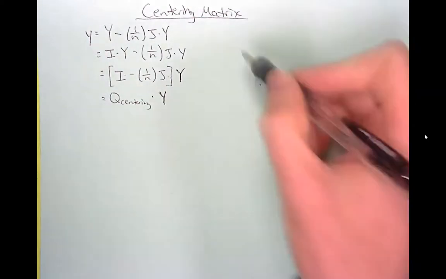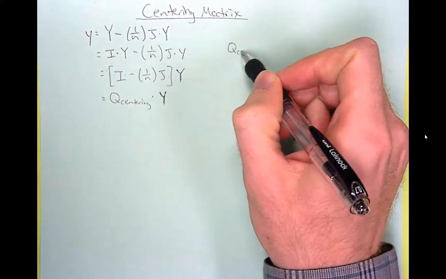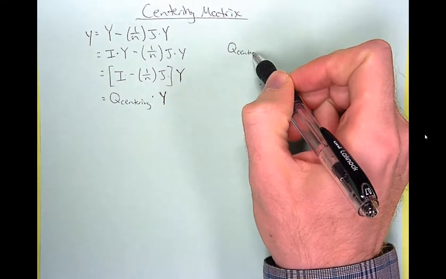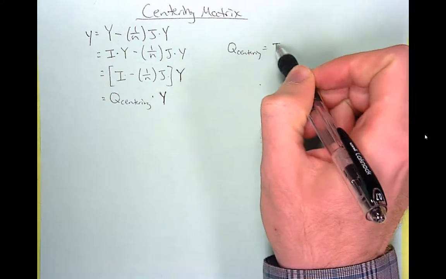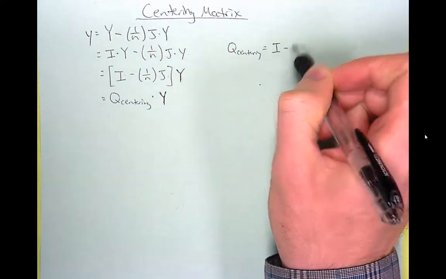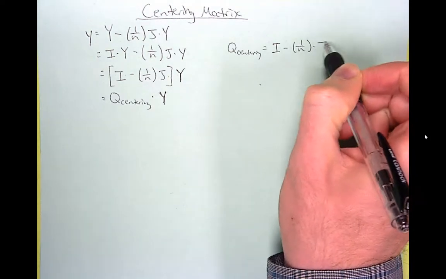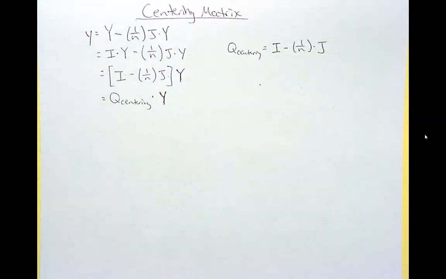Thus, our centering matrix, which we are calling Q, equals the identity matrix minus 1 over n times J matrix. And this Q matrix is an n by n matrix, or a square matrix, where n is your order, or the number of observation units.